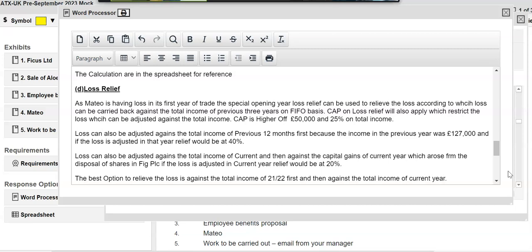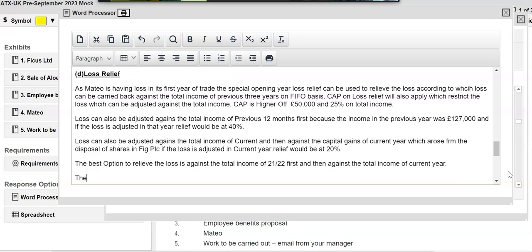So I'm just left with 1 more minute, so I will be writing: the calculations are in the spreadsheet for reference.